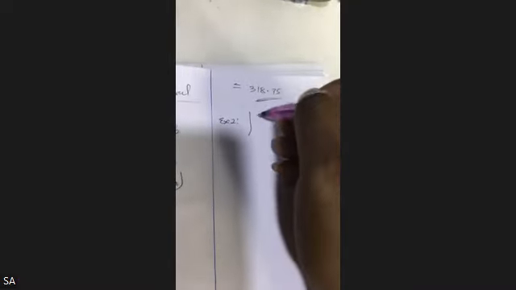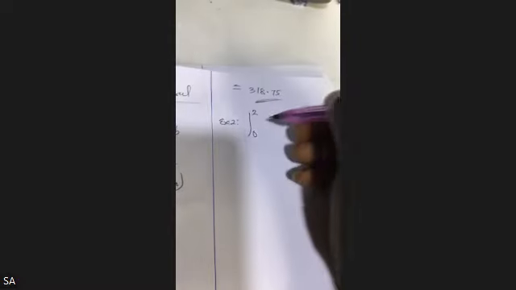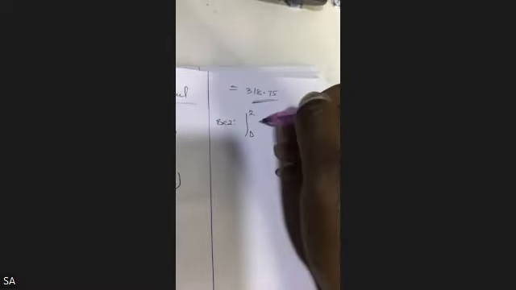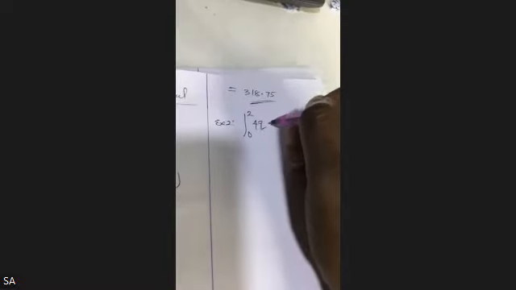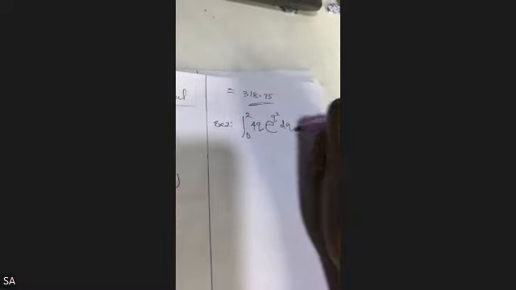The integral from 0 to 2 of 4q e raised to power q squared dq. This question is very simple, but take a look at what I'm about to do. We cannot solve it normally. We have to use integration by substitution.